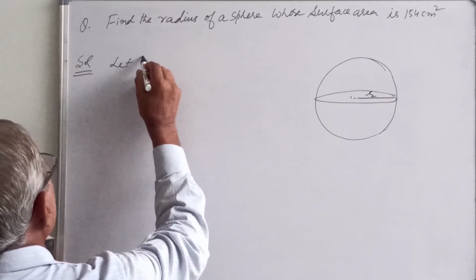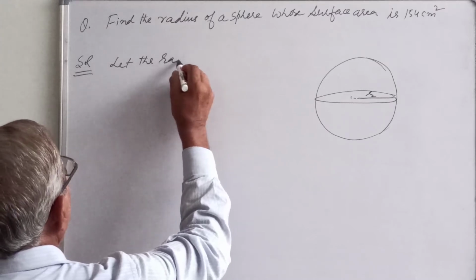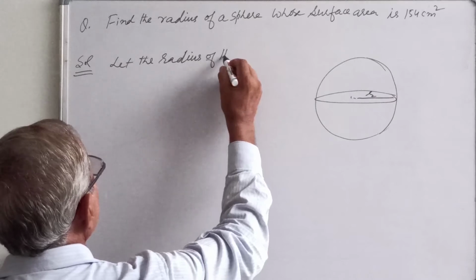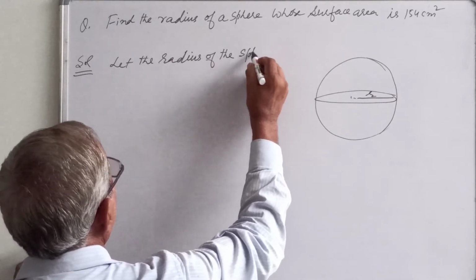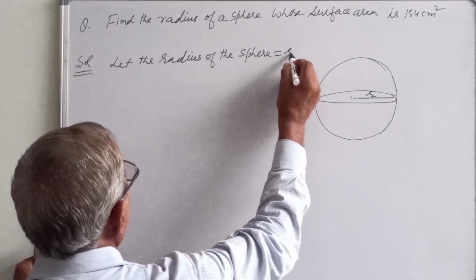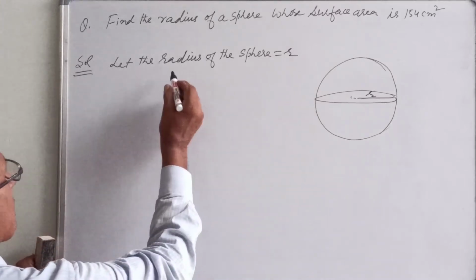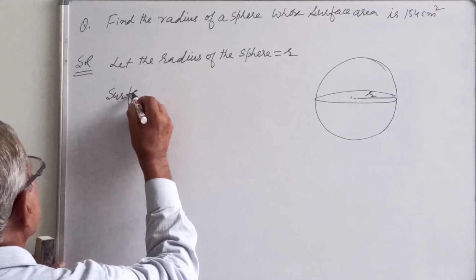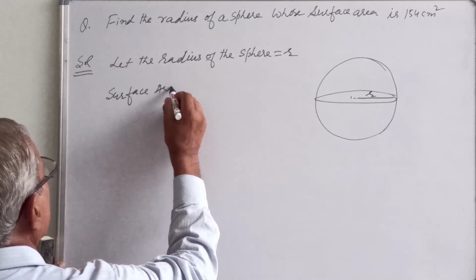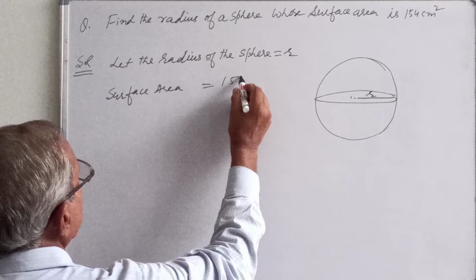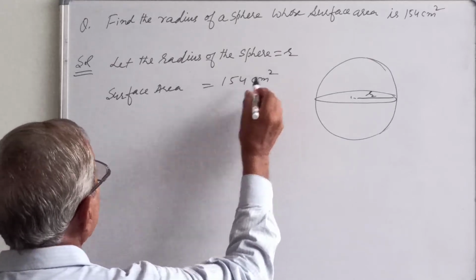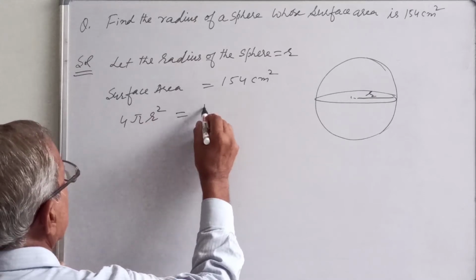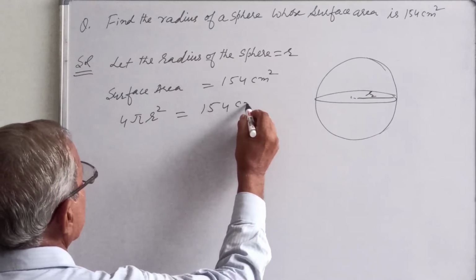Let the radius of the sphere be R. The surface area is 154 centimeter square. Therefore, 4 pi R square equals 154 centimeter square.